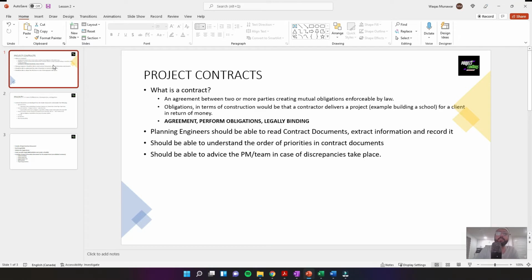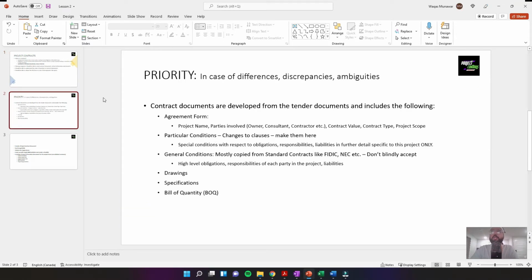All right, so I was talking about the priority. Let's say there are some differences, discrepancies, and ambiguities, right? In case you have these issues, we would need to understand that the different sets of documents have different priorities. You could say they have different strengths.